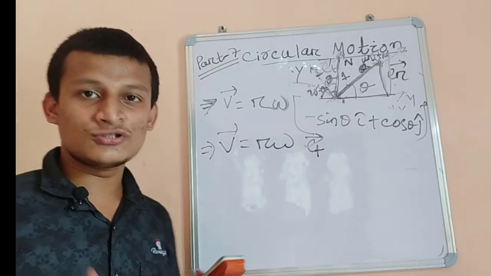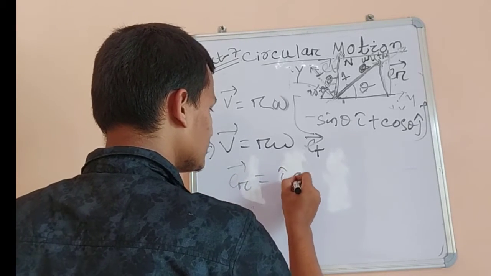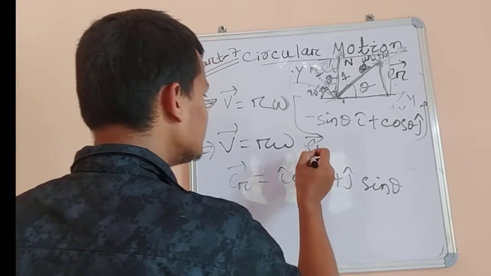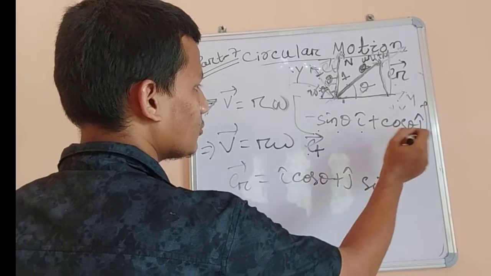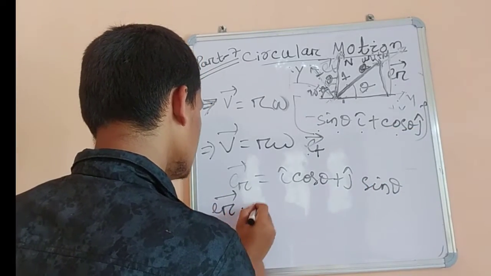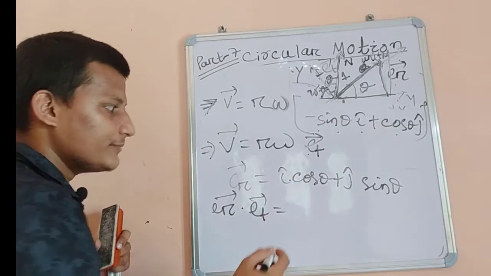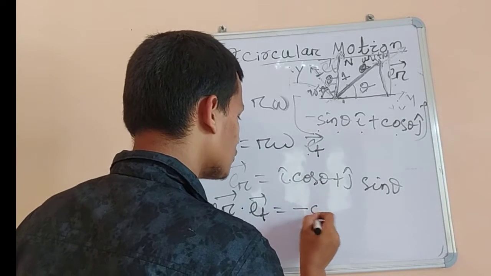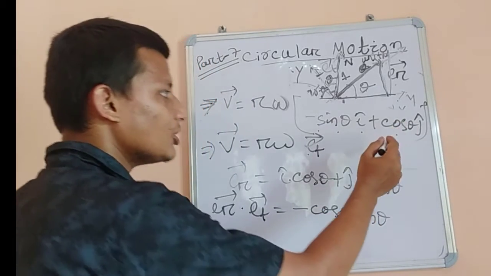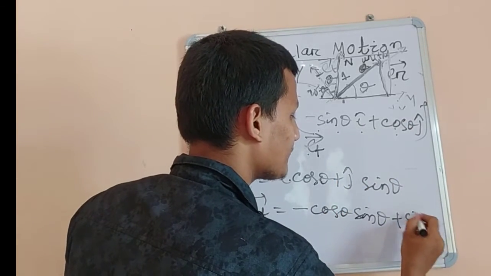We have not yet proved that the tangential vector and the radial vector are perpendicular to each other, so let's take their dot product. The er vector is i cap cos theta plus j cap sin theta, and the et vector is minus sin theta i cap plus cos theta j cap. Taking er dot et: for i cap, cos theta into minus sin theta, and for j cap, sin theta into cos theta, that is plus sin theta cos theta.